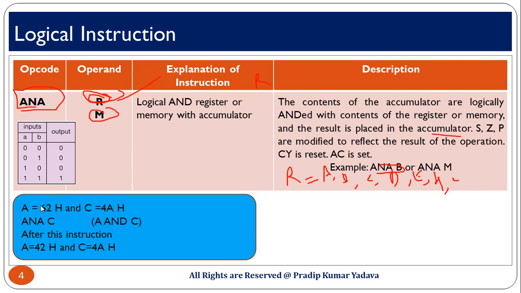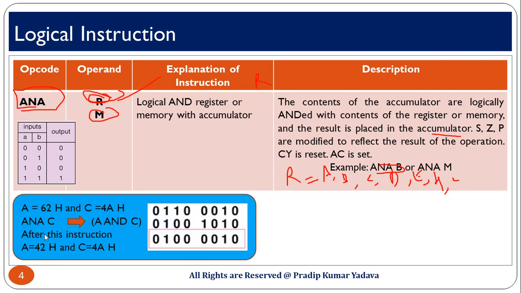The content of accumulator will perform AND operation with 4A. Here ANA C means the content of accumulator will perform AND operation with the content of C, and after performing the AND operation the output will be stored in accumulator.